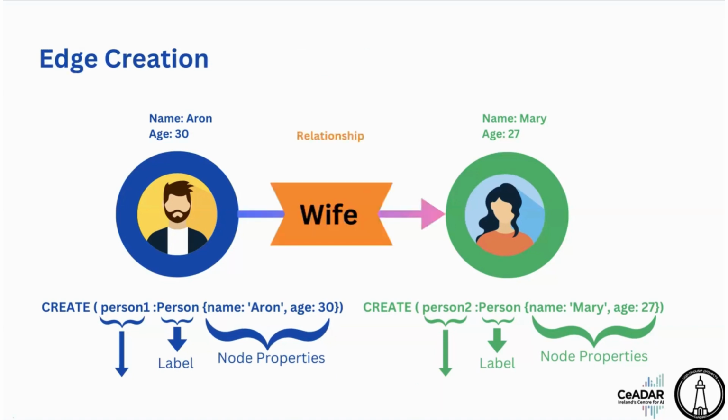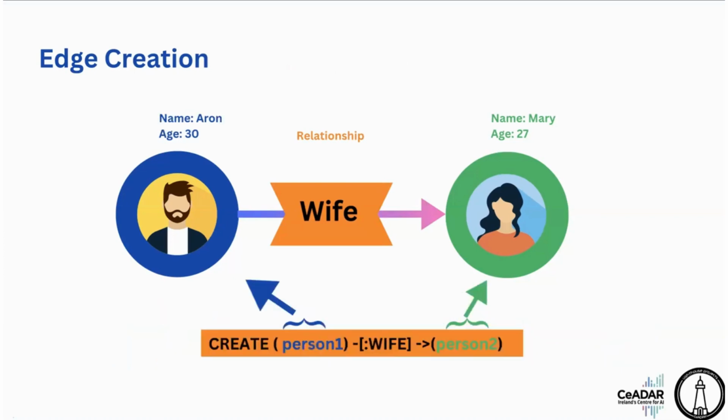Similarly, to create a relationship, we have to create two different nodes, and we need to connect them with a relationship, like edges or anything like that. So we'll be creating a person one, and he is directly connected with the person two in terms of different relationships.